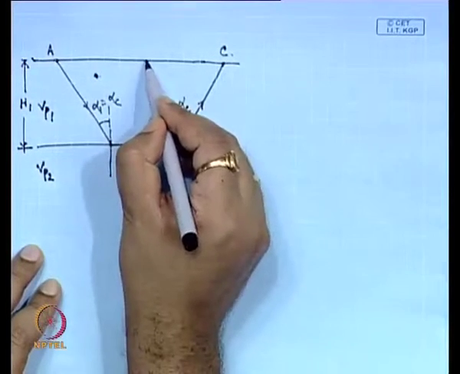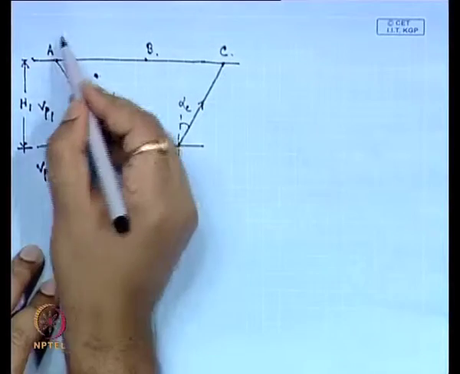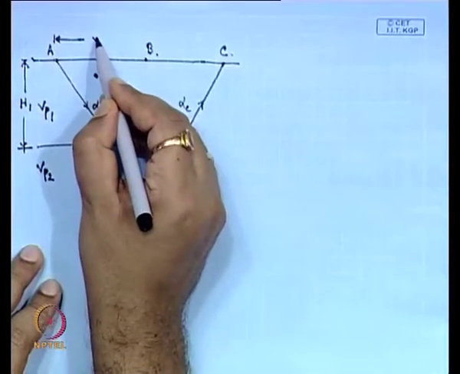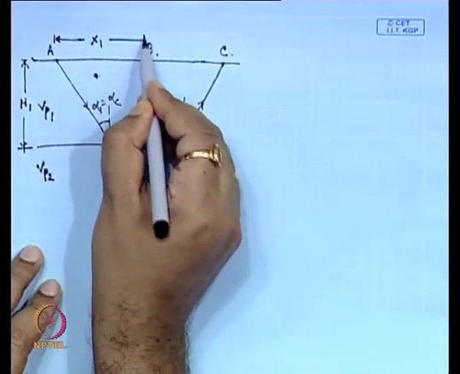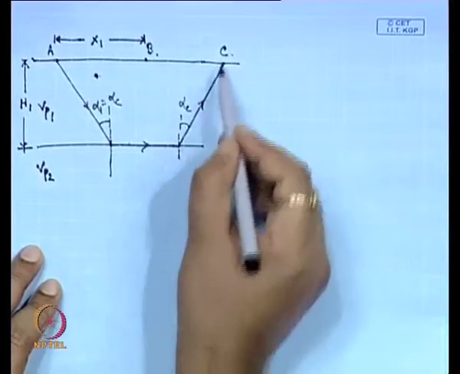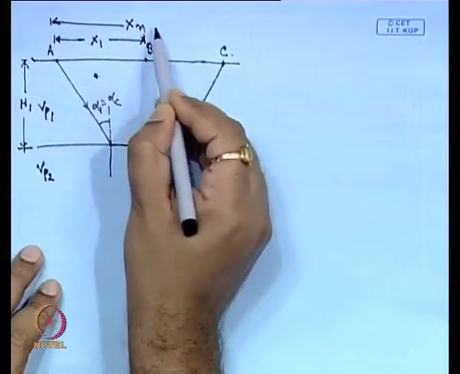Now, if I consider another point say B, at a distance of say x 1, and C is at a distance of say x n.